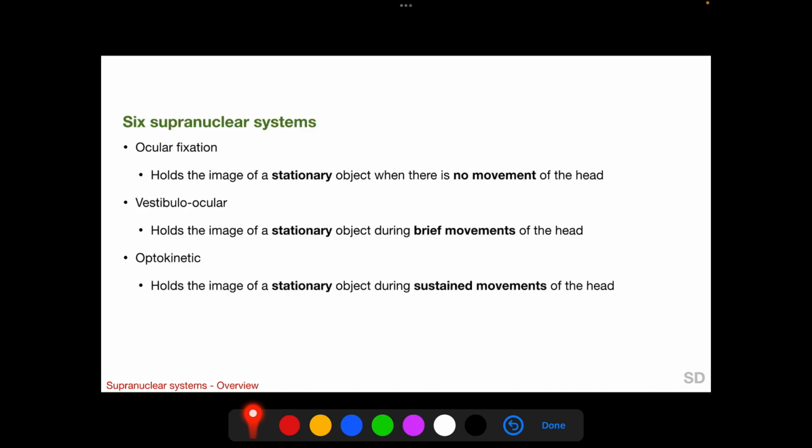Now there are 6 supranuclear systems. The ocular fixation system, which holds the image of a stationary object when there is no movement of the head. The vestibulo-ocular system, which holds the image of a stationary object during brief movements of the head. The optokinetic system, which holds the image of a stationary object during sustained movements of the head.